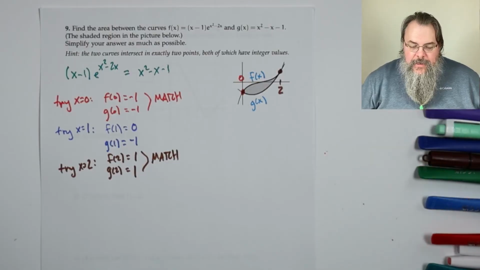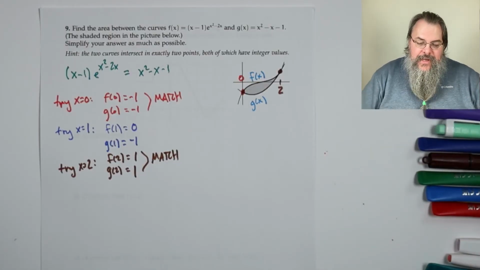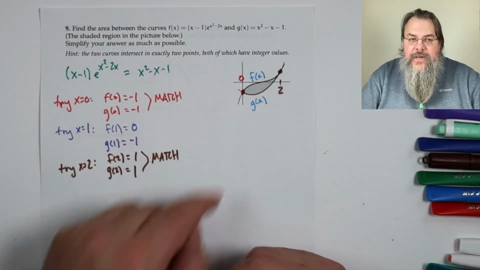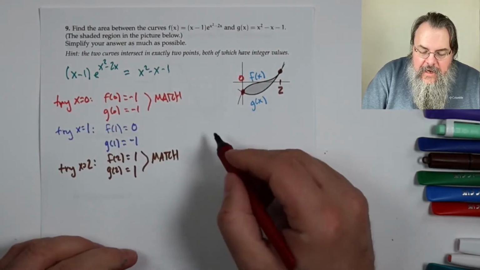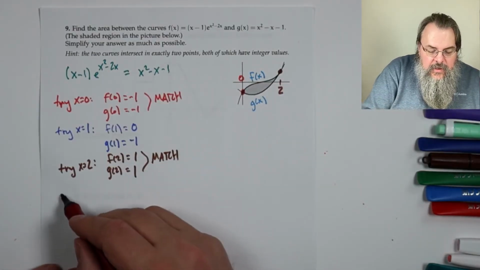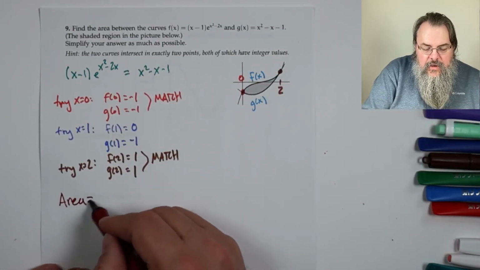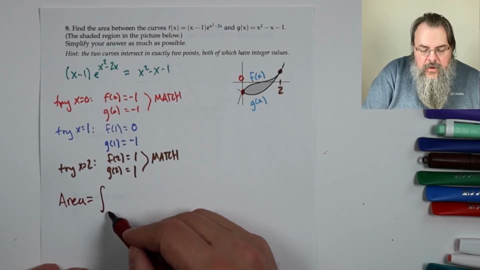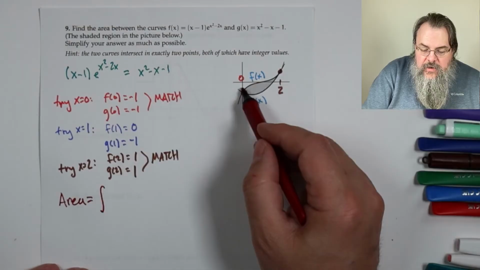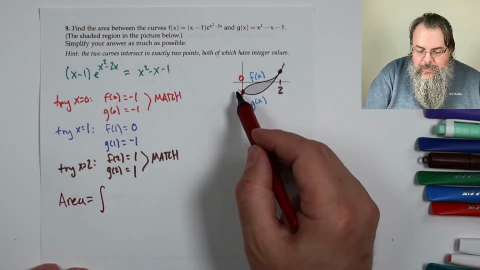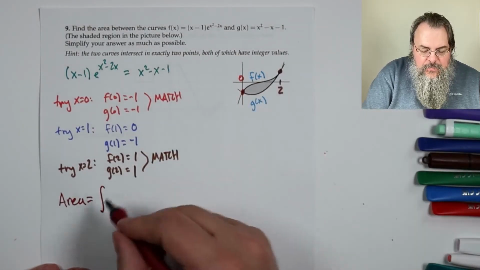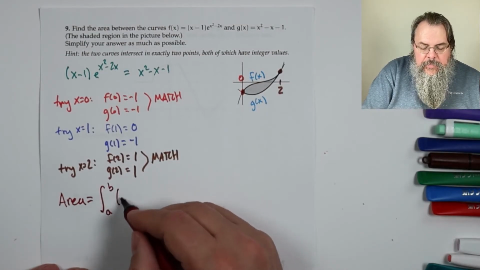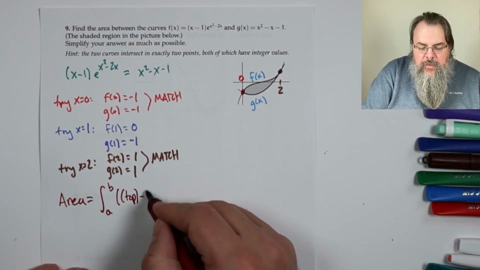So, how do we get more of the way to the answer? Now that we know where we intersect, and we know which one's on top, then to find the area, well, the area between the curves is going to be the integral from 0 to 2, first intersection point to second intersection point. And, well, I'll put it this way. A to B, the top minus the bottom.